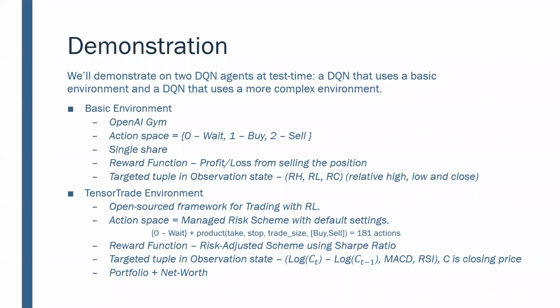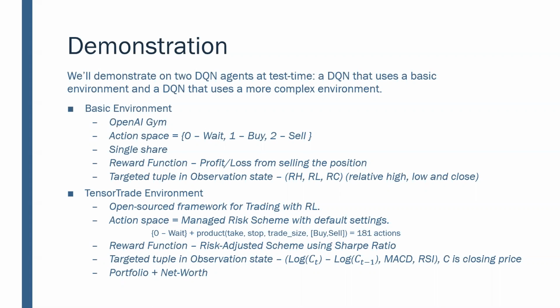The observation state that we're targeting is a tuple of three values, two of which are called technical indicators. The MACD and the RSI are technical indicators that humans use to estimate whether or not it is good to buy, sell, or trade stocks. And we have one particular one that was defined for the default, so we just used it as part of the default setup.